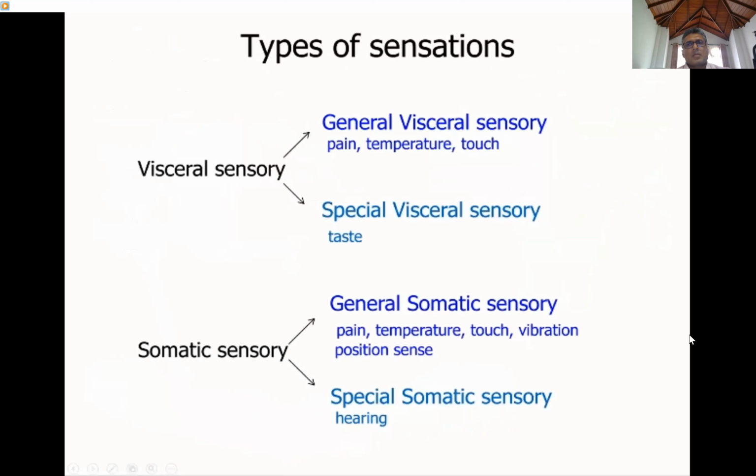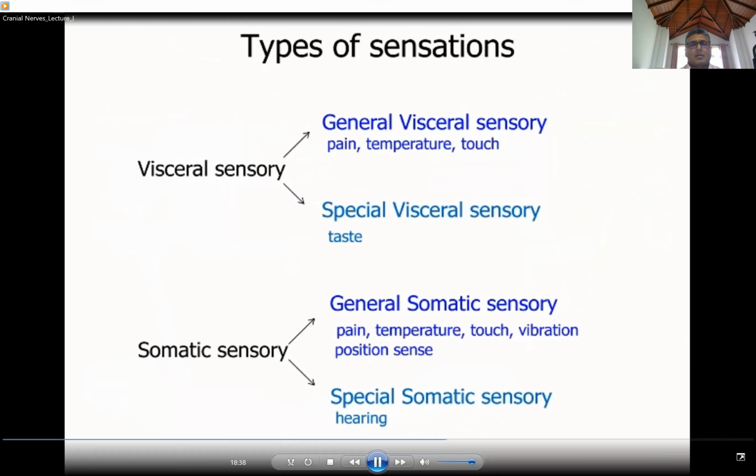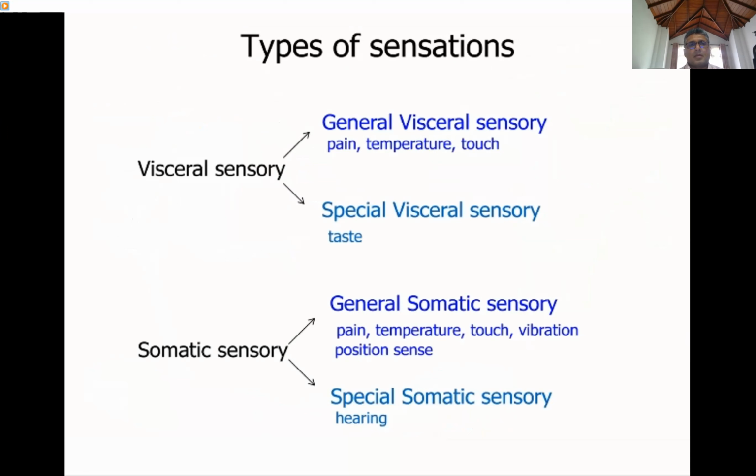Types of sensory components we find in the head and neck region. The basic two types of sensory components, as you already know, are the visceral sensory and the somatic sensory components. The visceral sensory component has two components in it, the general visceral sensory component and the special visceral sensory component.